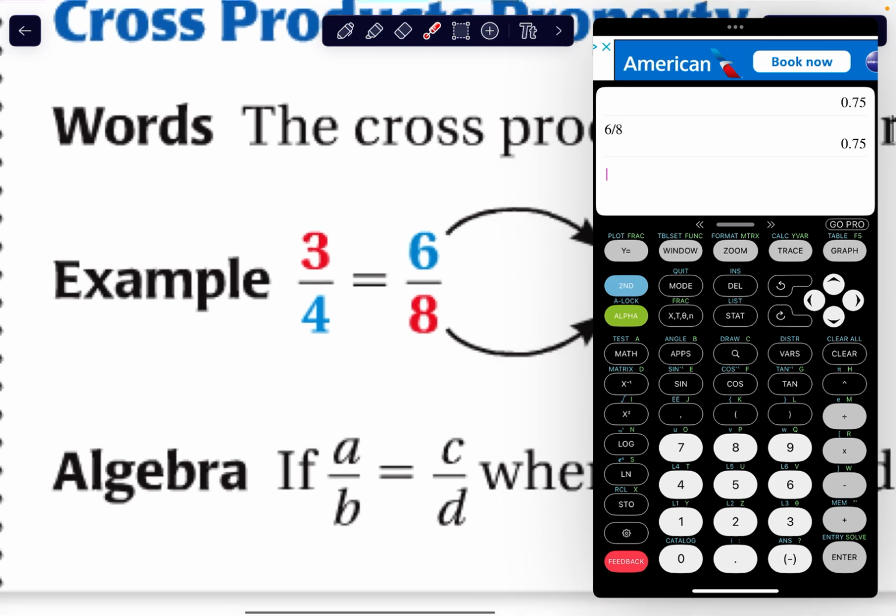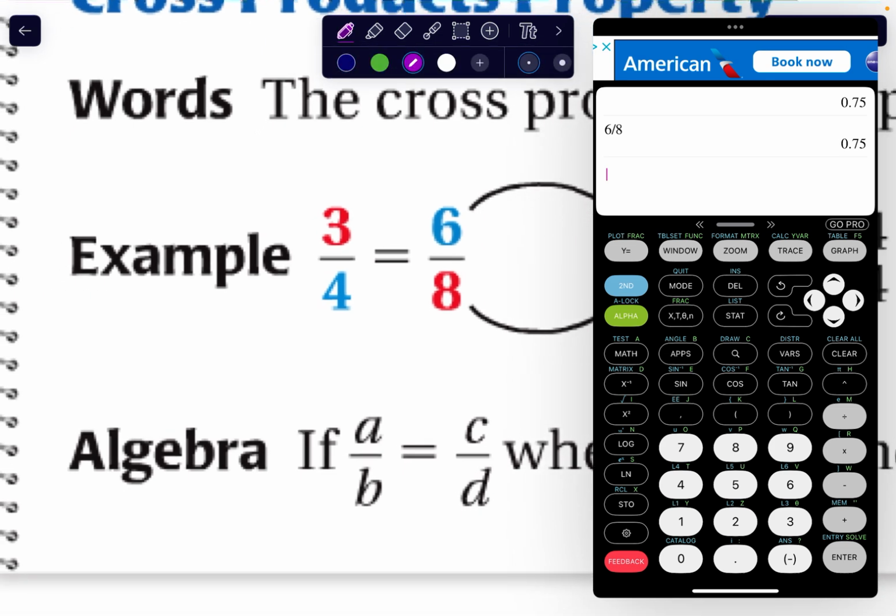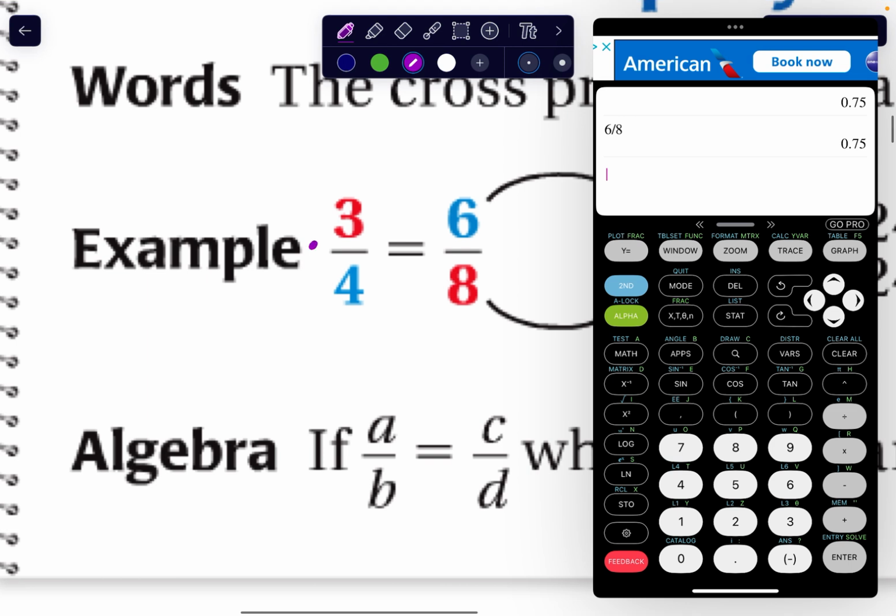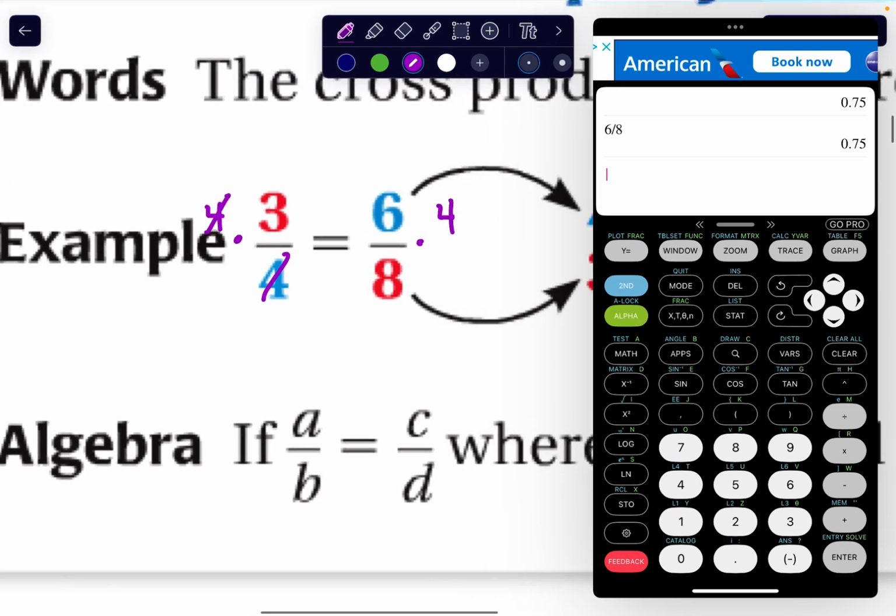So somebody way back in the day realized, hey, since we can do whatever we want to both sides of an equation, let me use purple here. If we multiply both sides by 4, then these 4s will cancel out. And if we multiply both sides by 8, then these 8s will cancel out.